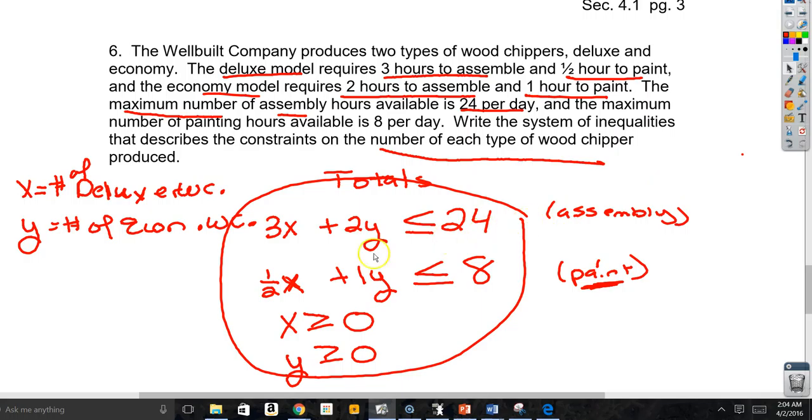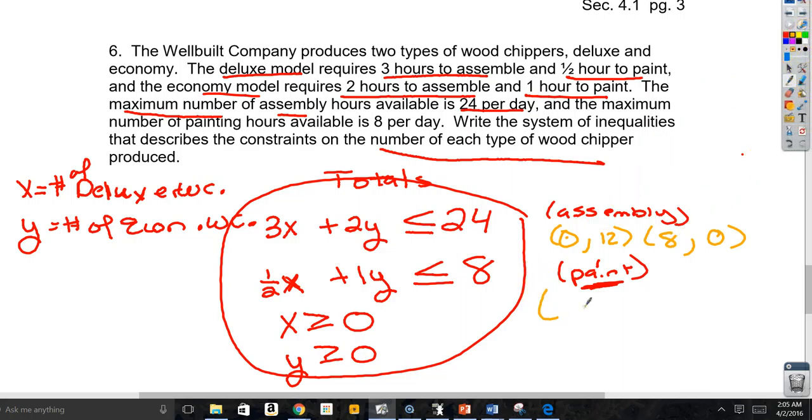So first off, the best thing to do is to use intercepts. So X equal to 0, Y is going to be 12. If Y equals 0, divide by 3, X is going to be 8.